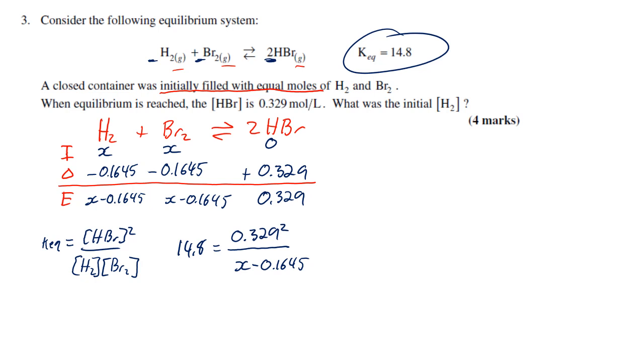Br2 is going to be the exact same thing, so I could simply write squared like that. Now, what I'm going to do is square root both sides. So 14.8, take the square root of that, is 3.847.